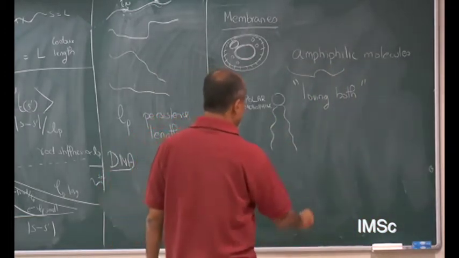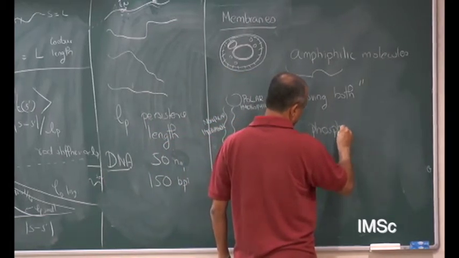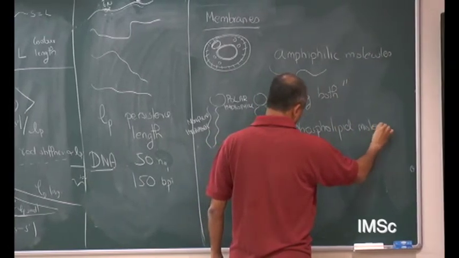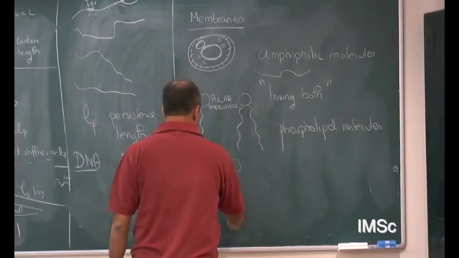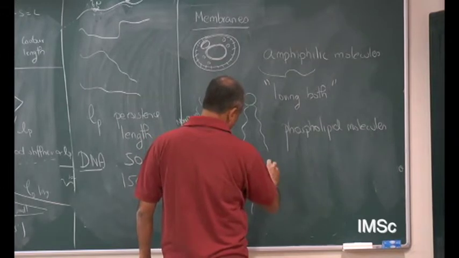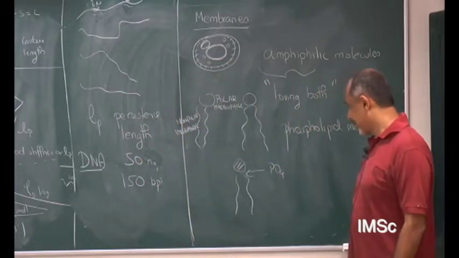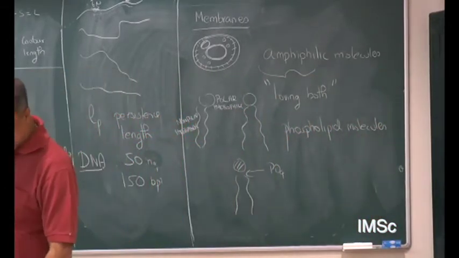These are called phospholipid molecules. And that's because the tails are attached to the polar head by a phosphate group, a PO4 group that sits over there. These tails can be something like 8 to 12 carbon atoms inside.